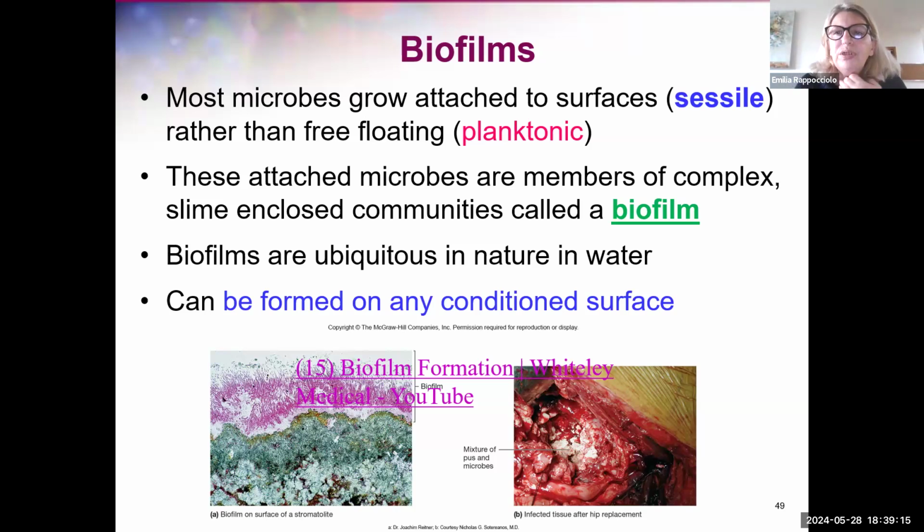They live in a community, they form a biofilm. They are very useful because they can protect microorganisms from the environment, and with communities you can exchange, and you can have products of metabolism of one species being used by another species.